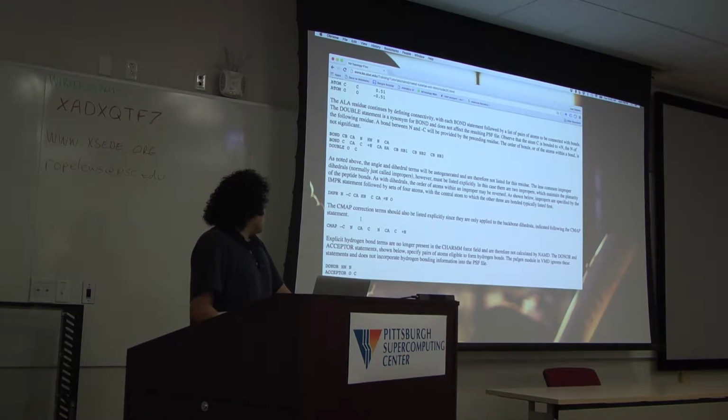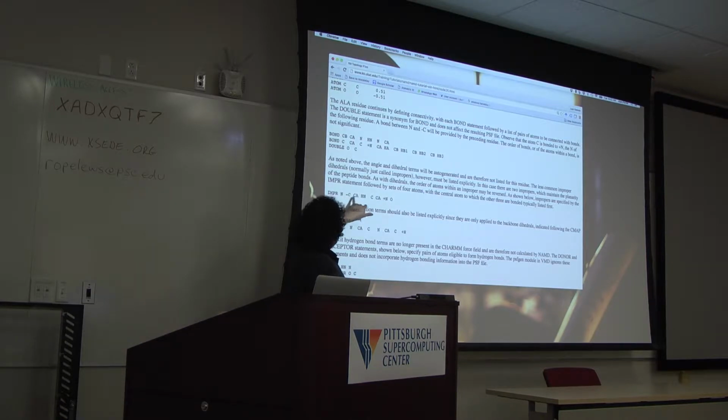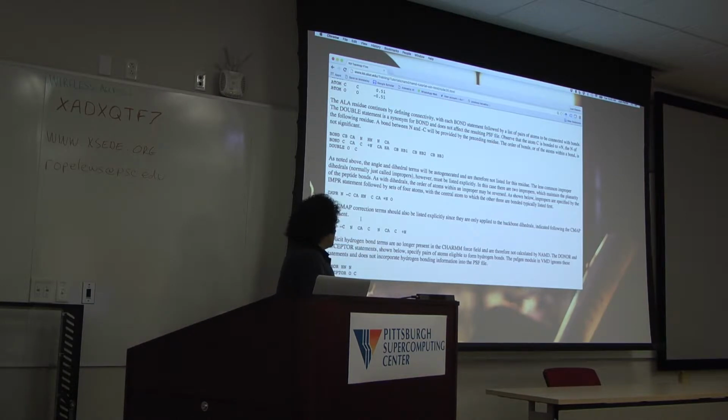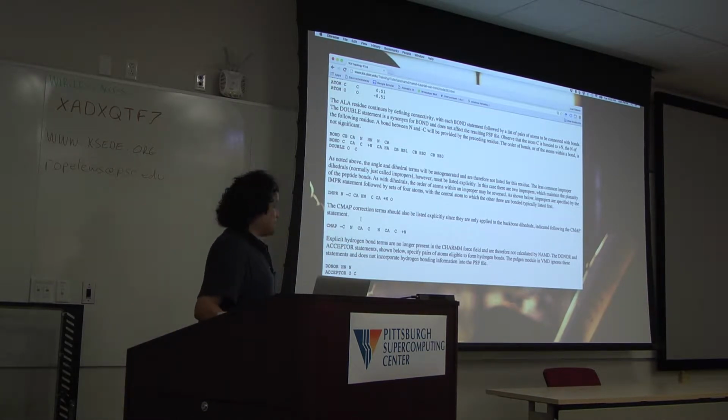The improper angles take 4 atoms. You can see these are 1, 2, 3, 4, 1, 2, 3, 4, so these are defining 2 impropers. Impropers are what adjust the planarity of the residues. These are the CMAP terms, which is the CMAP correction, unique to CHARMM 22.